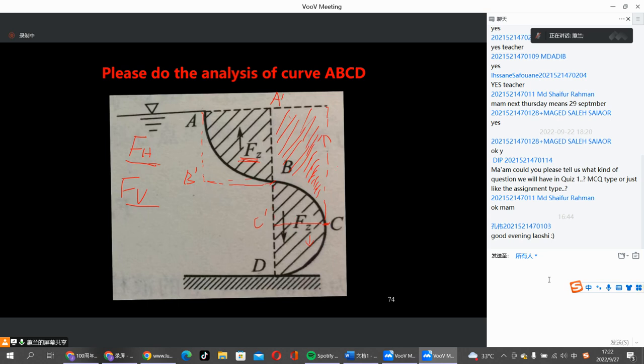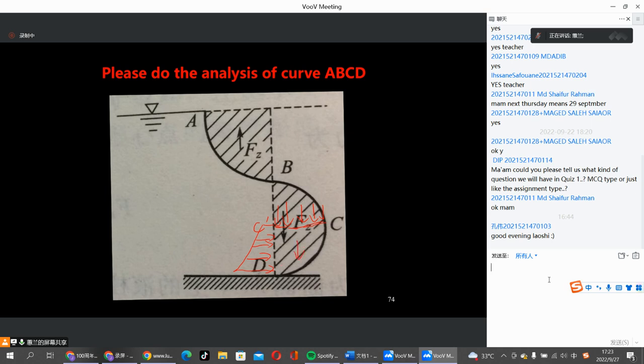Or maybe we can just do the analysis again here. For C prime D, for this fluid block, we have the pressure loading. It's uniform pressure loading on its horizontal projection area, C prime, and we have triangular pressure loading on C prime D on its vertical projection area, right?